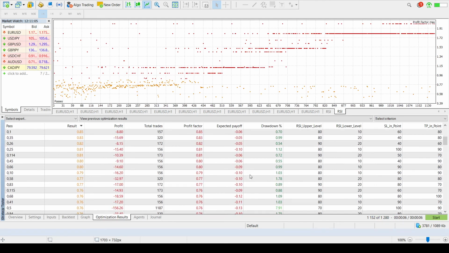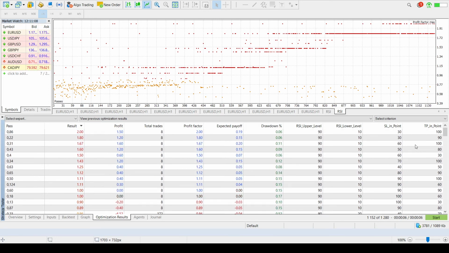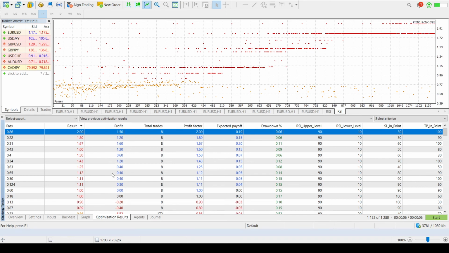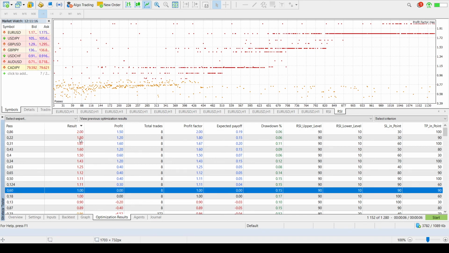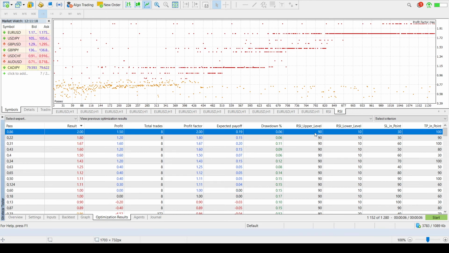I believe the result is about the same. Okay, from here we have some positive profit trades at 90 and 10 RSI upper level and lower level.